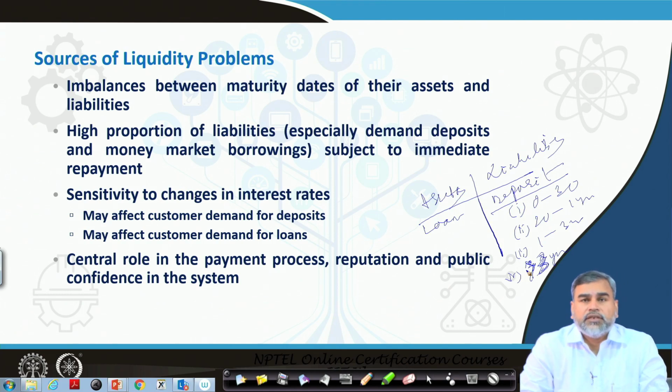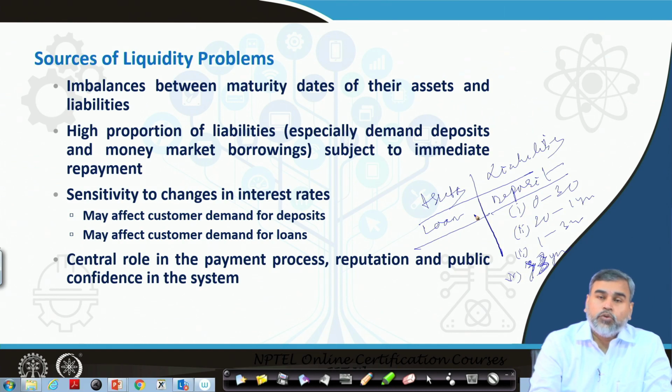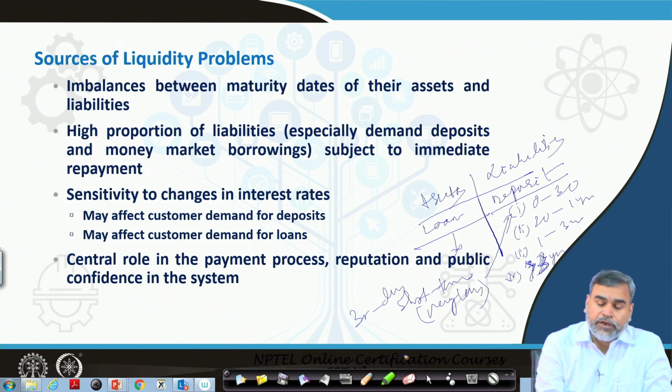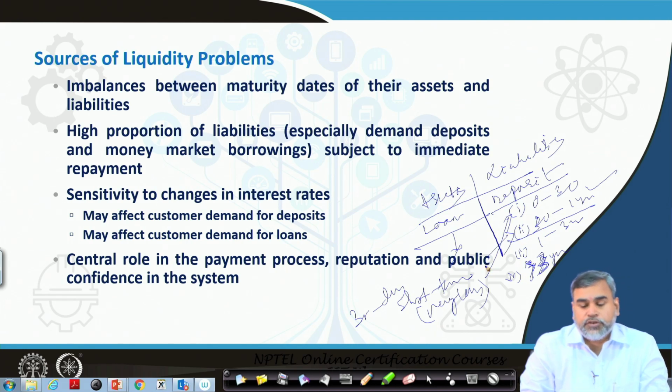If you see this, then what you will observe, if you compare it with respect to the loan, is that short term loans whose period is up to 30 days are very few in comparison to deposits of 0 to 30 days. And the loans of the other maturity bucket, 30 days to 1 year, are also relatively less than the deposits.